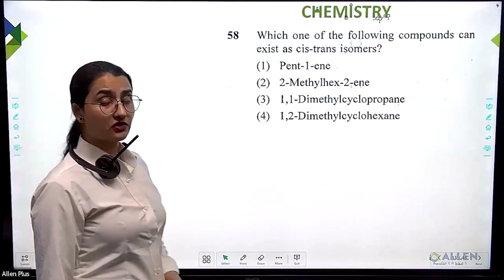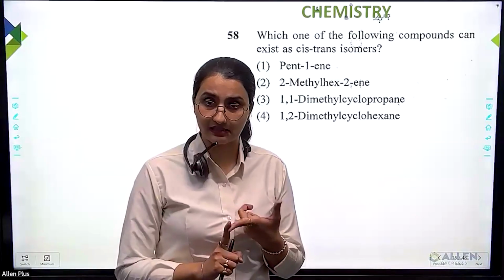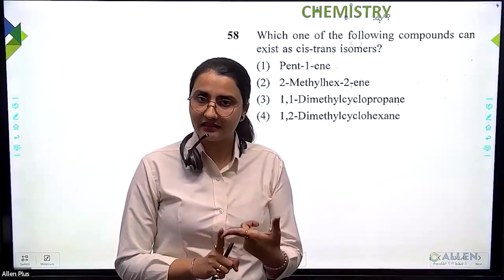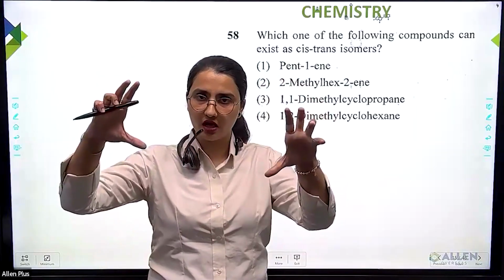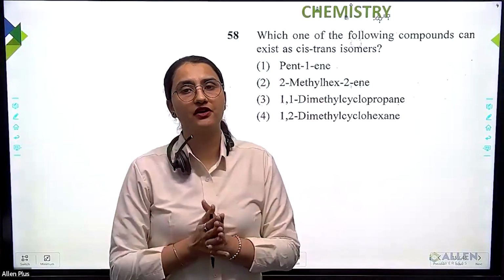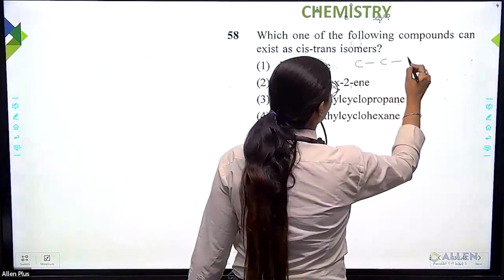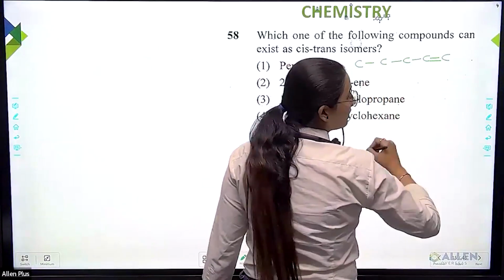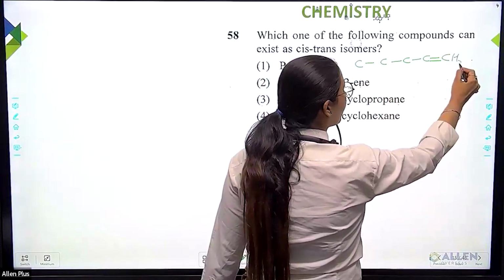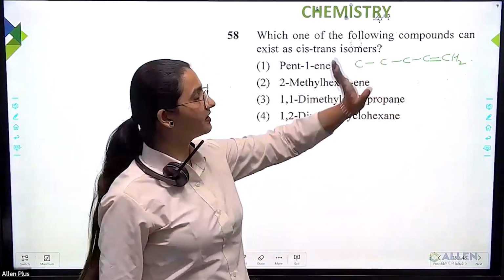Next, cis-trans isomers. Students, cis-trans exists in alkenes which have different groups on both carbons, or they exist in ring form also. Let's start. Pentene is this. Will this exist? No. Why? Both groups on this carbon are same.